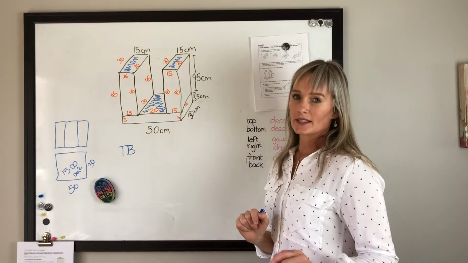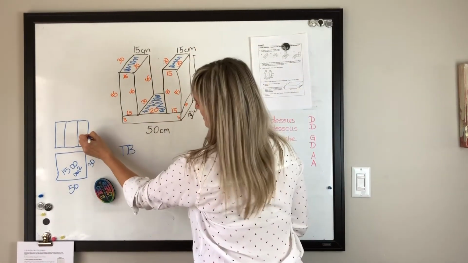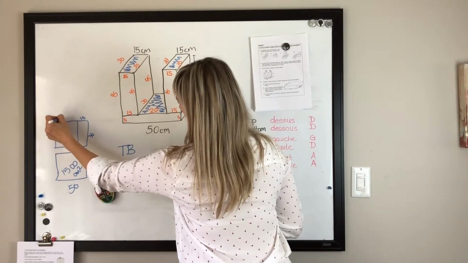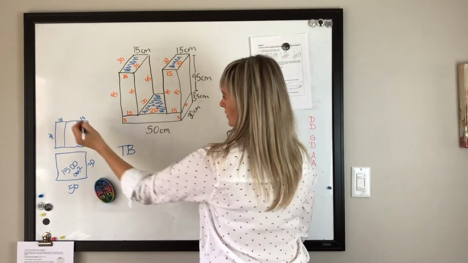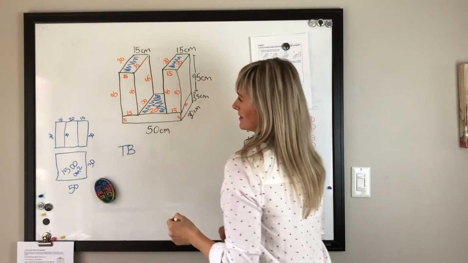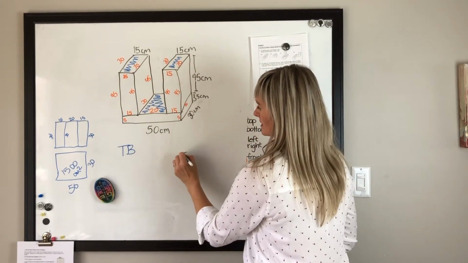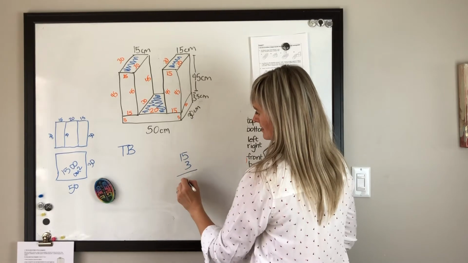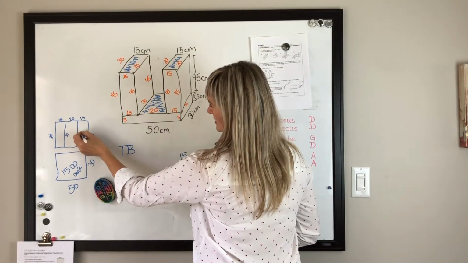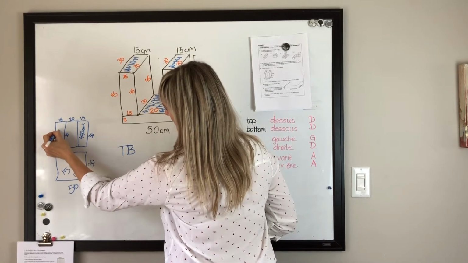And let's actually calculate each part. So we've got 30 by 15 here, so this side is 30, this is 15. This is 30, this is 15. We already said this is 20, and this, of course, will be 30. So if we do 30 times 15, well, if we do 3 times 15, that's going to give us 45, so we'll have 450 centimeters squared, and this will be the same because it's the same numbers.